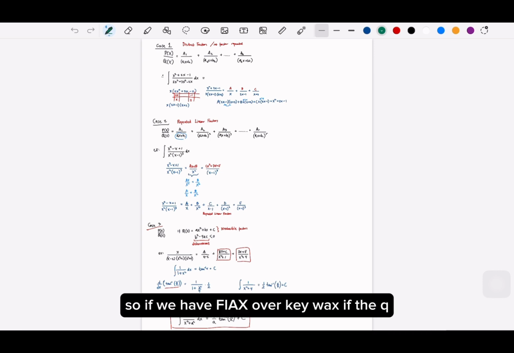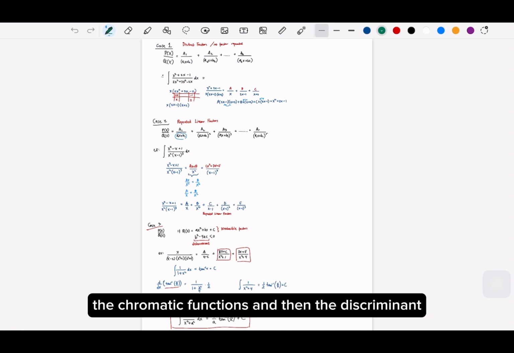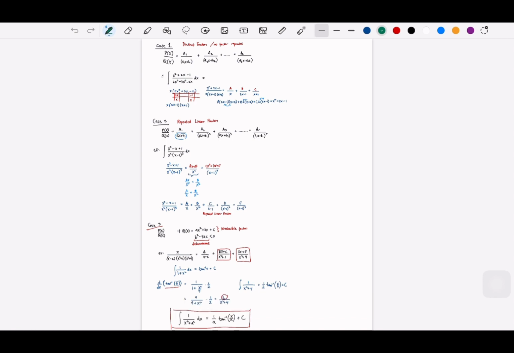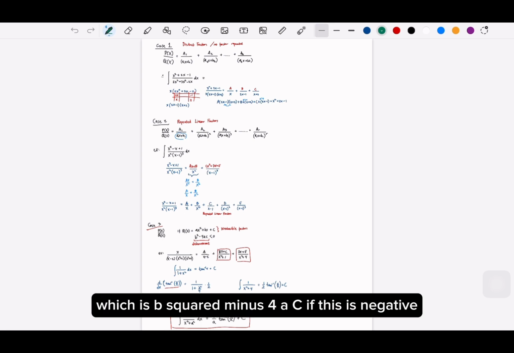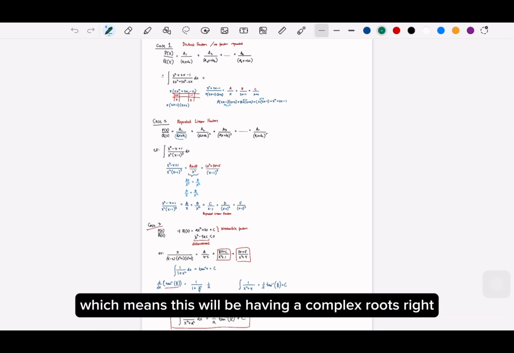So if we have p(x) over q(x), and q is, let's say, a quadratic function, and the discriminant, which is b squared minus 4ac, is negative, which means this will have complex roots, right?